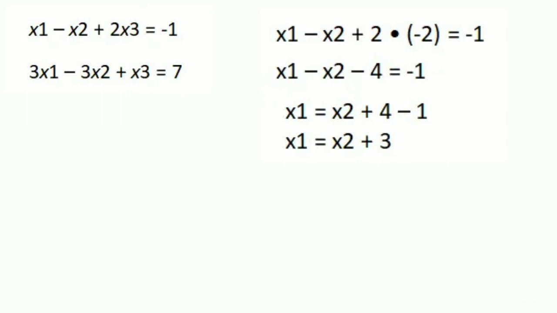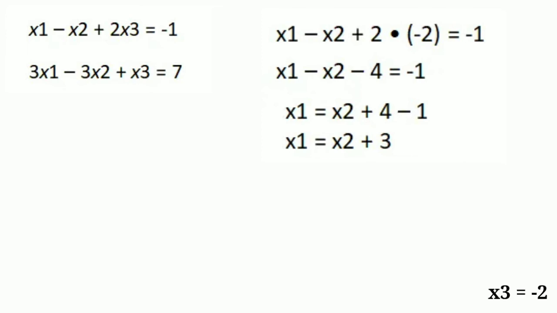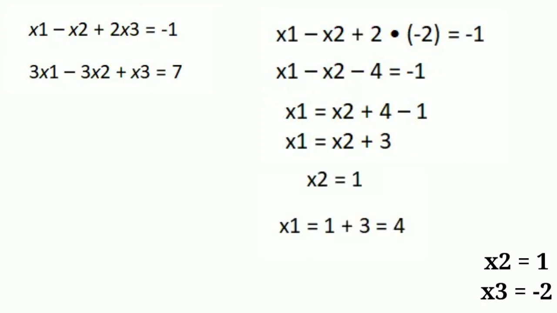To write the column matrix B as a linear combination of the columns of A, we will just pick any number for x2 and solve for x1. So for example, the value of x2 is 1. So x1 is equal to 1 plus 3, which is 4.